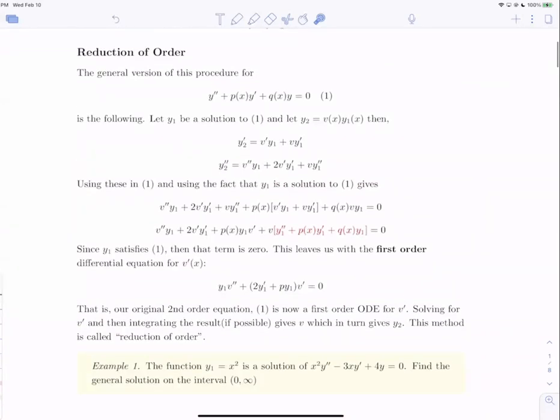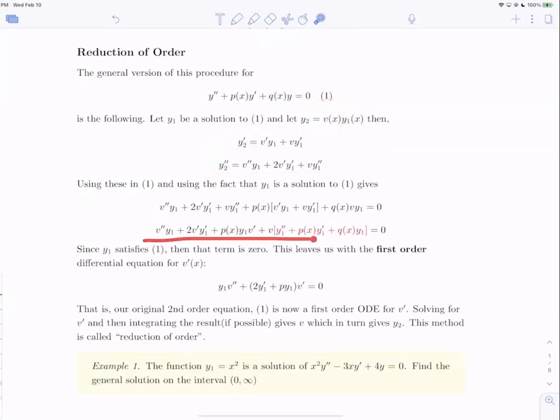So the first one, reduction of order. This is for second order ODEs. When you have this ODE and you are given a solution y1, you don't know what your y2 is. So you suppose that y2 equals an unknown function v(x) multiplied by y1(x), and then you take the first and second derivatives and plug those back into the ODE.